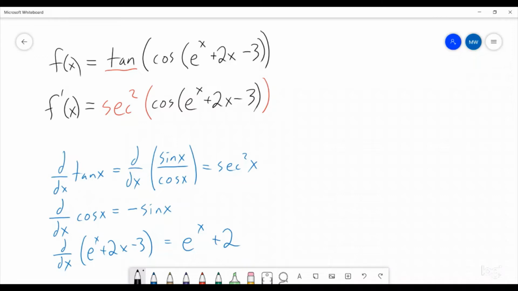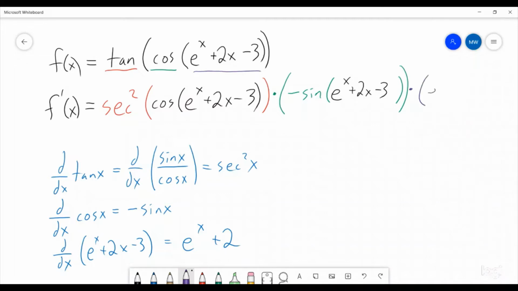Then we're looking at the derivative of cosine, so that's times negative sine of, and then the inside piece stays the same. So it's still sine of e to the x plus 2x minus 3. And then we multiply all of that by the derivative of that innermost piece, which is e to the x plus 2. And that is the derivative.